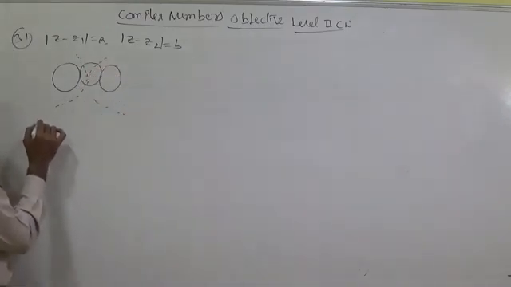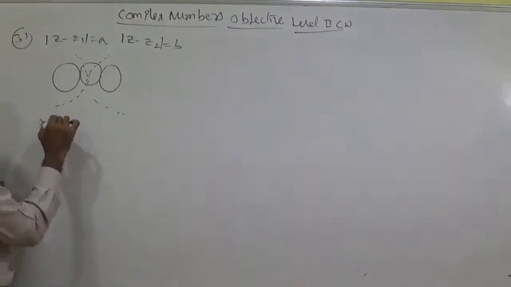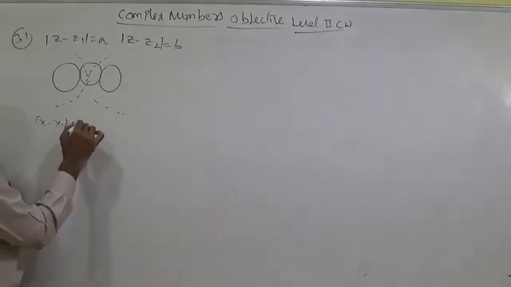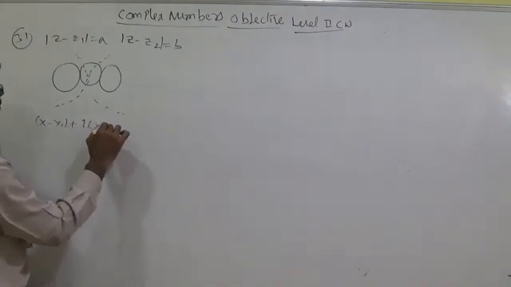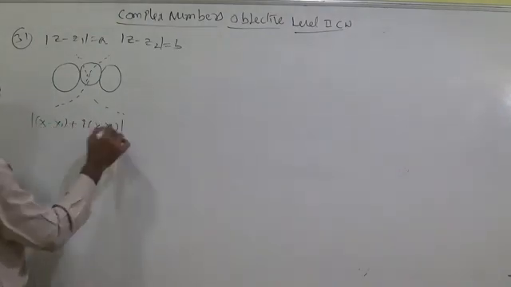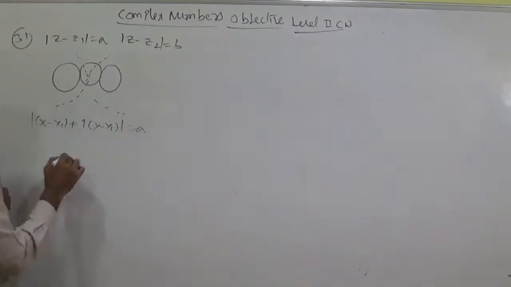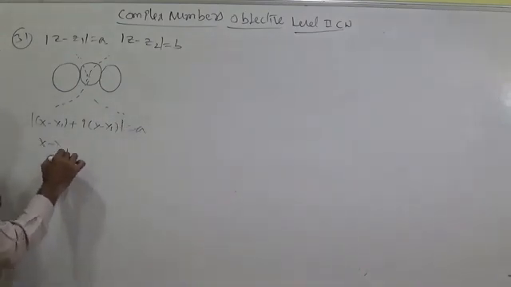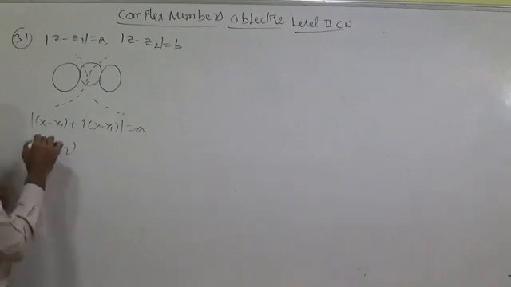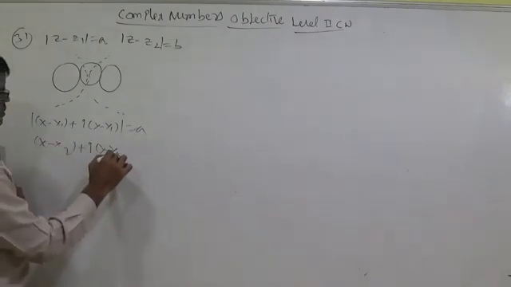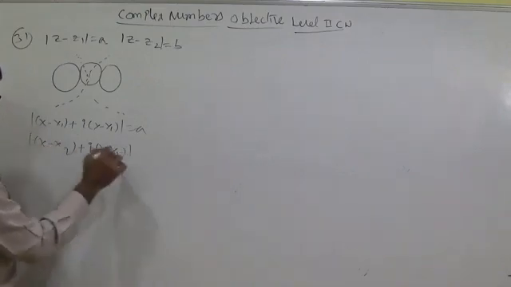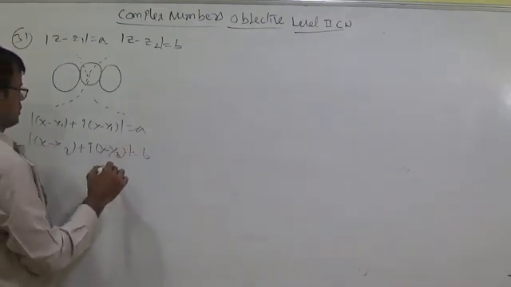Now, this is of the concept modulus of x minus x1 plus i into y minus y1 is equal to A. Next one, modulus of x minus x2 plus i into y minus y2 is equal to B.